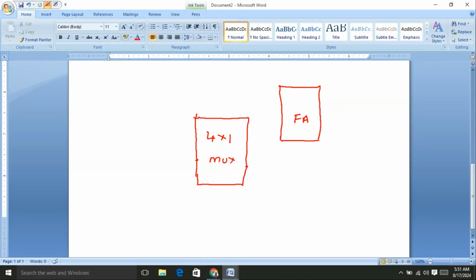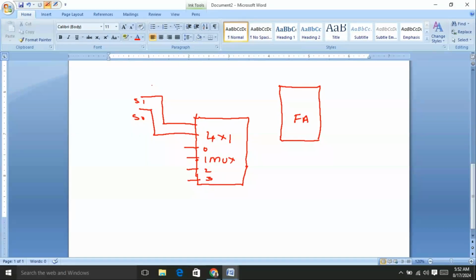We know that the multiplexer has four inputs: the 0 input, first input, second input and third input, and two selection lines, which I am going to draw like that. These two selection lines are S0 and S1, right?